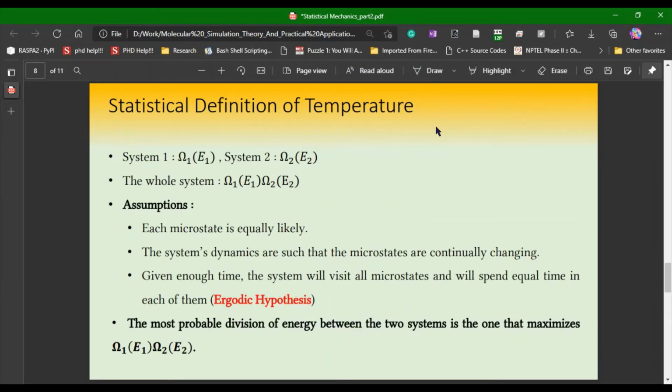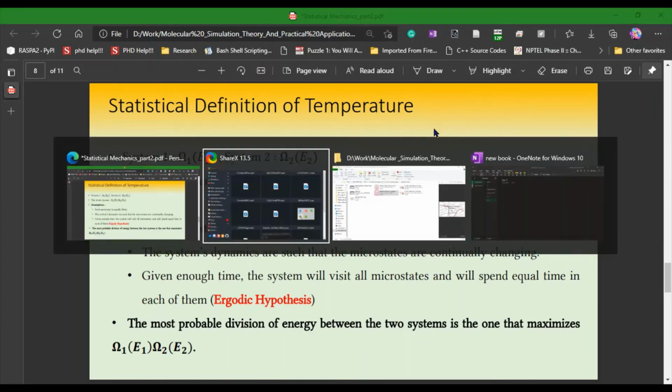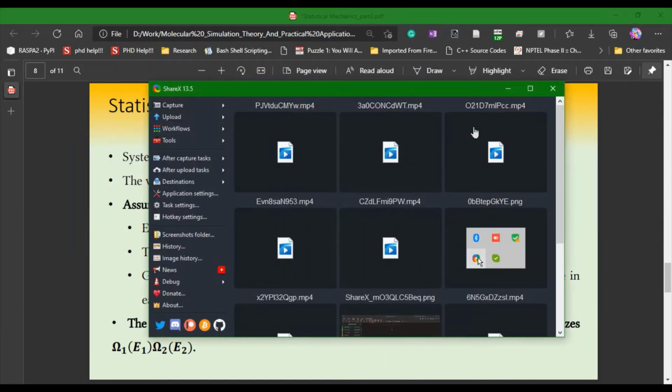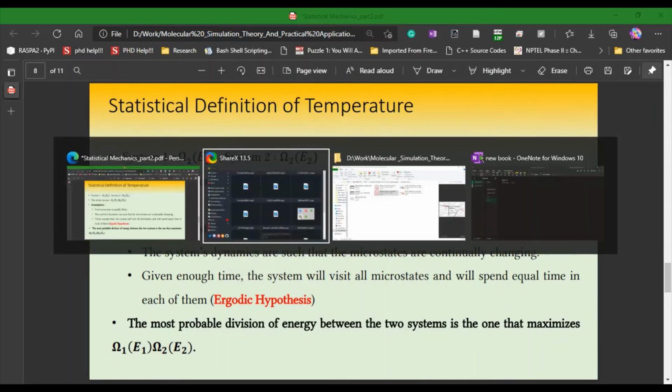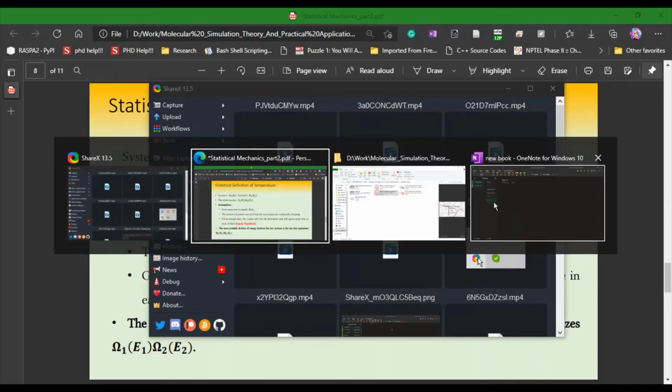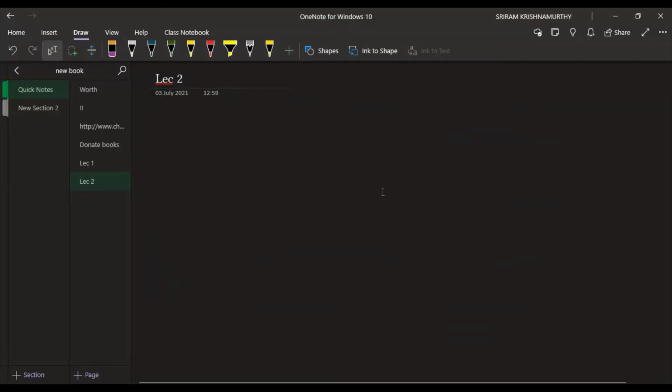So to do that, the simplest way is to do differential calculus. So let's do that.